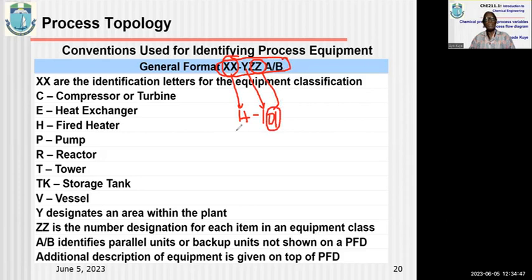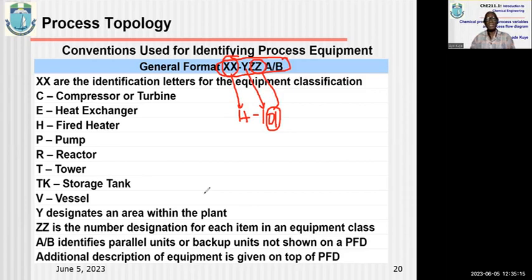In this case, A and B is missing. So your XX designates the equipment. Your Y designates the area within the plant where that equipment is located. And the ZZ is the number that is used to identify that equipment within that area.